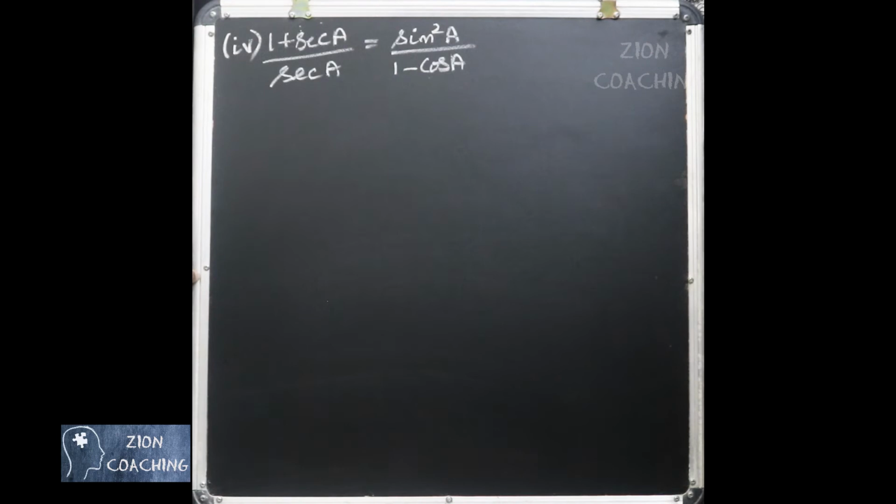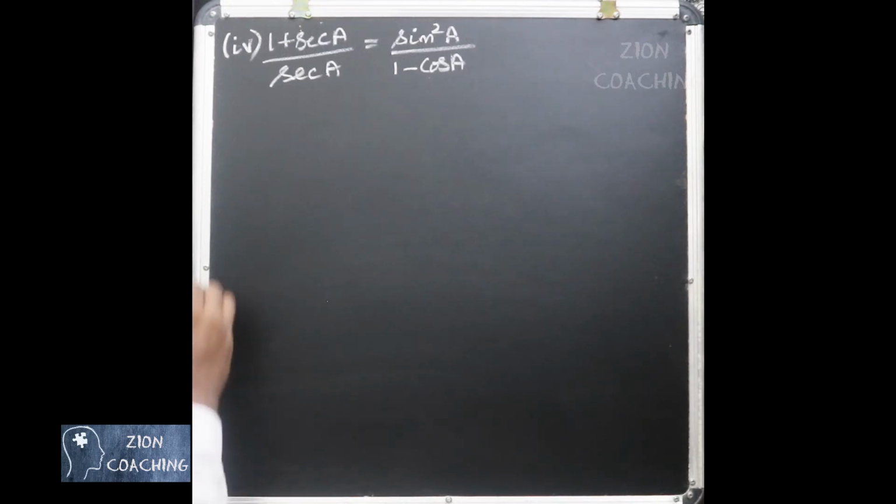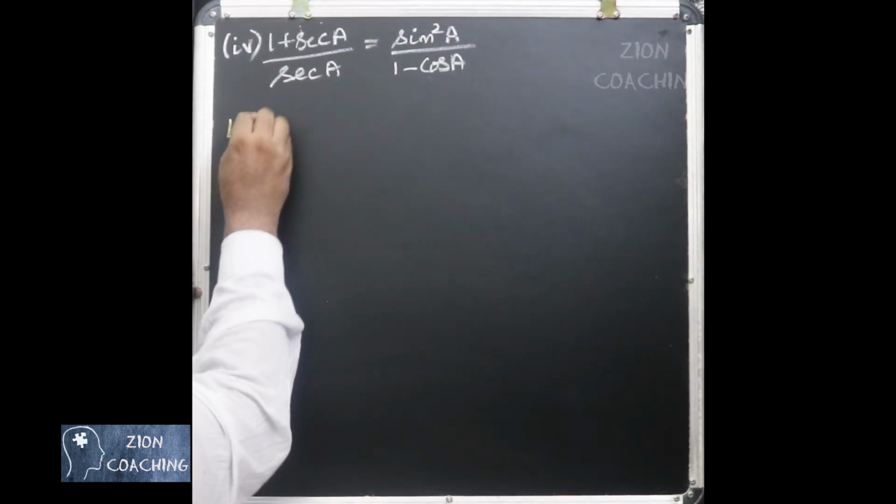Now in this subdivision they are asking us to simplify LHS and RHS separately. It is given as a hint. So we will simplify LHS and RHS separately.